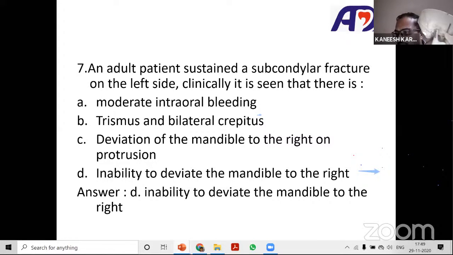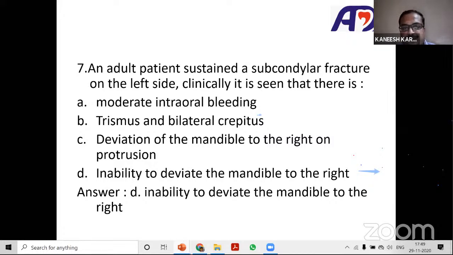Here is the lateral pterygoid plate. Here is the condyle. So when the lateral pterygoid pulls, it deviates the mandible to the opposite side. If there is a subcondylar fracture on the left side, the condyle will move onto the left side only. The patient cannot deviate to the right.